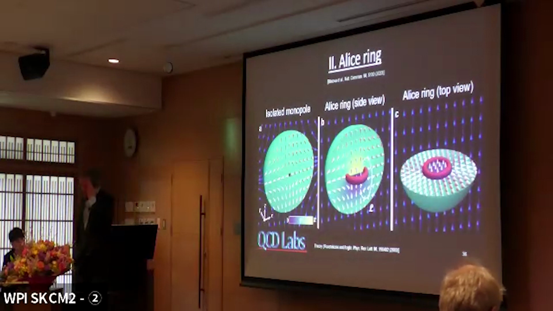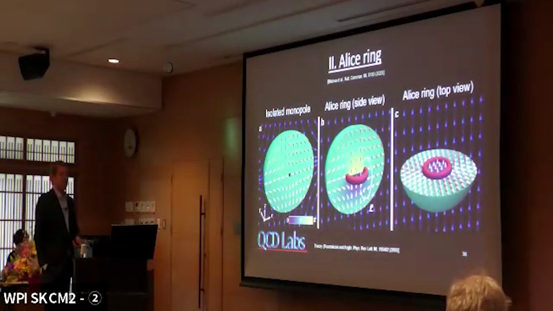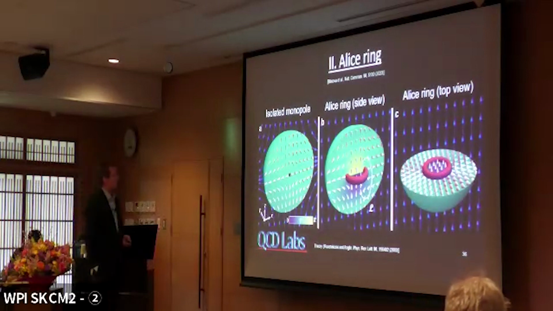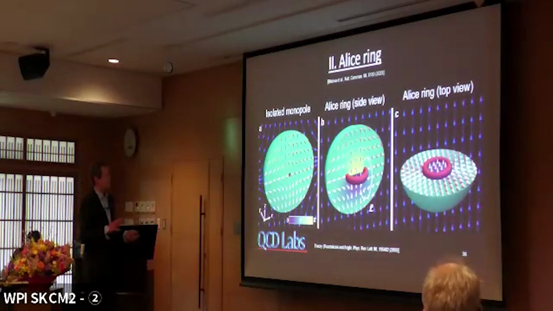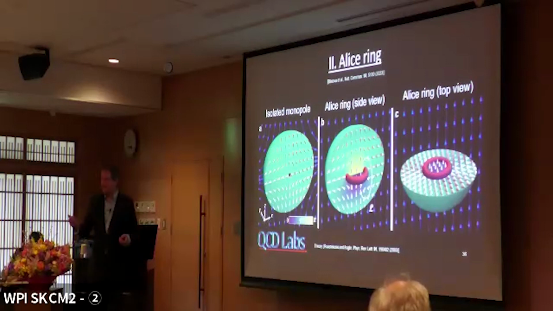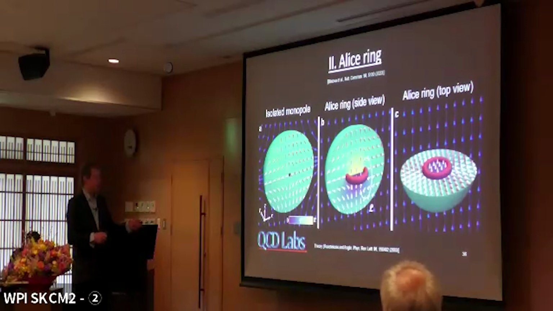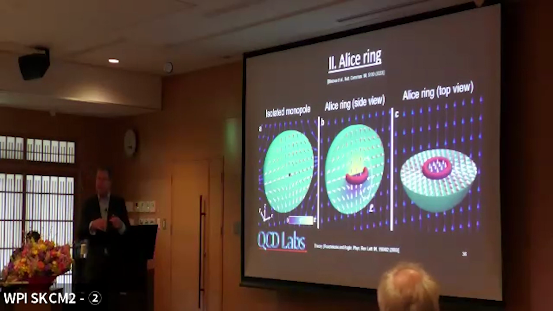I will try to very quickly tell you now about the Alice rings and the vortex knots. The Alice ring has, far away, the same topology as a monopole, but like David was talking about the splitting of the vortex, now it's the splitting of the monopole into a vortex ring. Locally you can deform the monopole into this kind of vortex ring when you have this nematic order here.